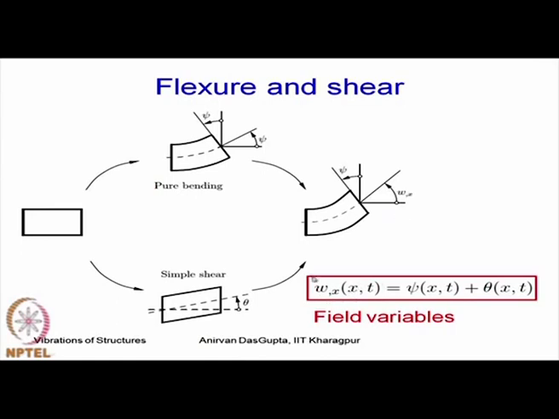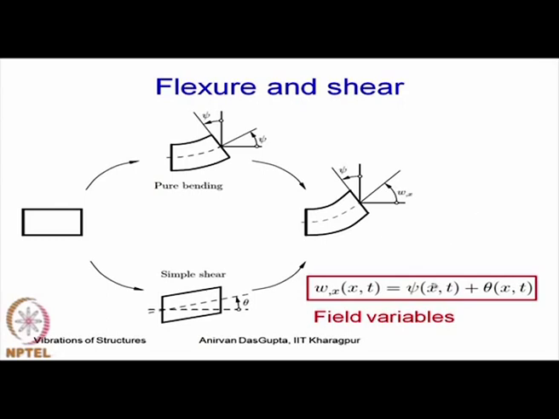The net slope of the neutral axis, del w del x, is the angle because of pure bending plus the shear strain. That is the total angle. So, we are representing the slope of the neutral fiber in terms of this flexure angle and the shear strain. We can consider our field variables to represent the deflection of the beam.